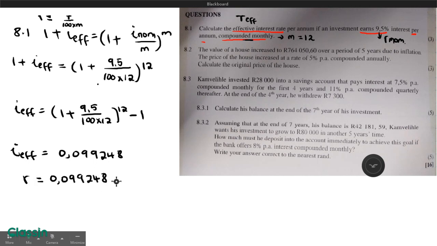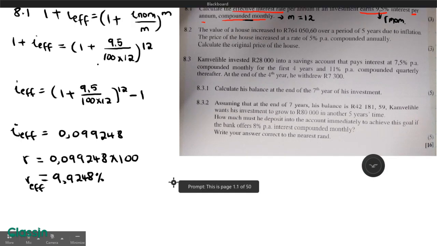Remember, R is in percentage, therefore we multiply by 100. Therefore, this will be 9,9248%. So this is our R effective. I hope we understand what really happened here.